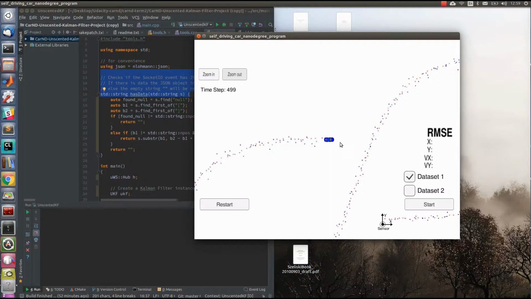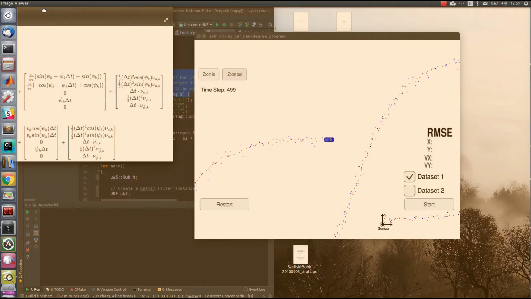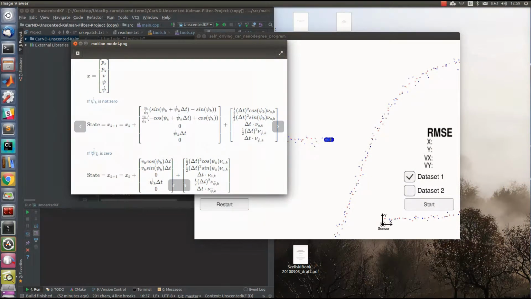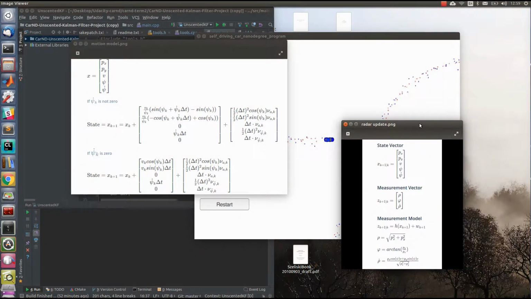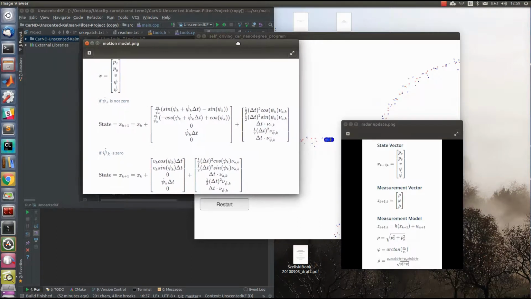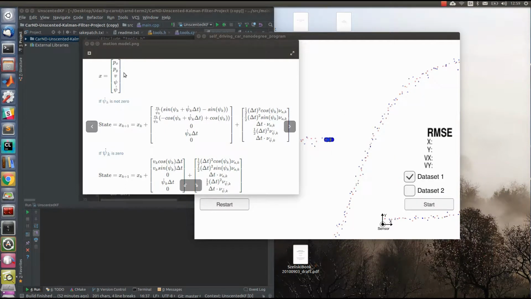That's why we can't use the ordinary Kalman filter, and the extended Kalman filter will not give good results. So let's see how we will use the unscented Kalman filter. For using any Kalman filter, either Kalman filter or extended Kalman filter or unscented Kalman filter, we need a dynamic motion model. In this picture, as you see, we have here our dynamic motion.